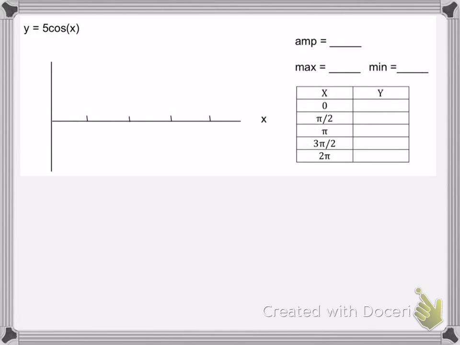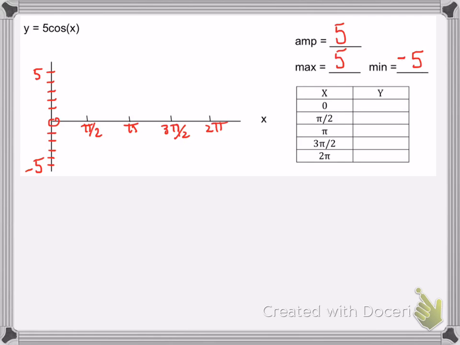In this video, we will be graphing the cosine function. Example 1 only has an amplitude, which is 5. So that means the max is 5, the min is negative 5. Now I haven't changed anything with the x-axis, so I'm simply just going to label as is.